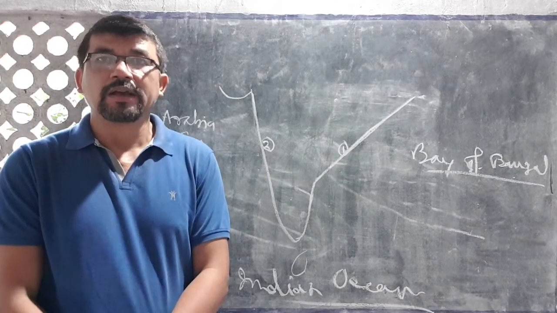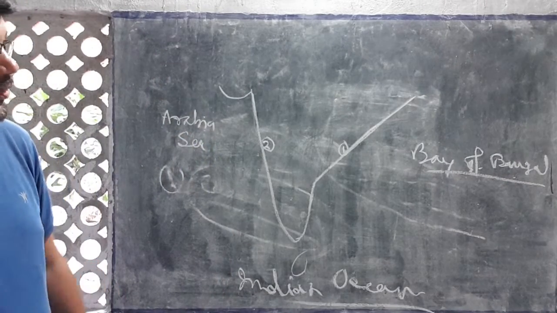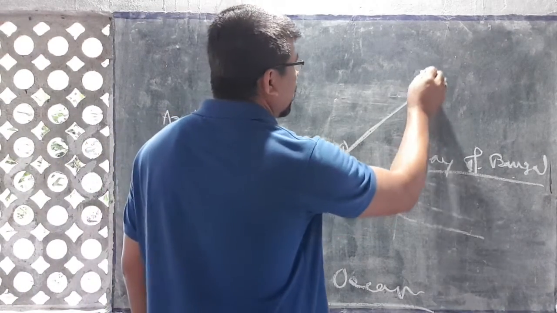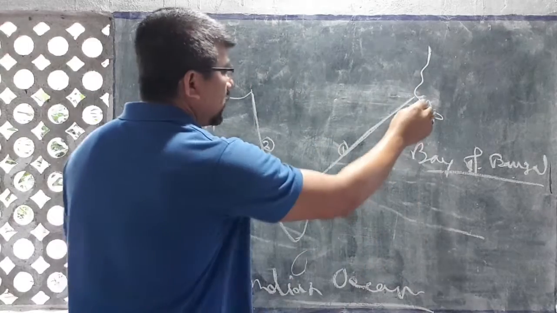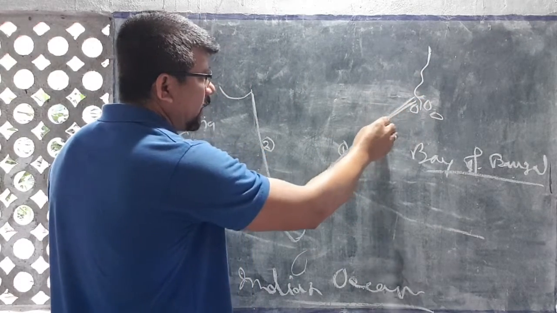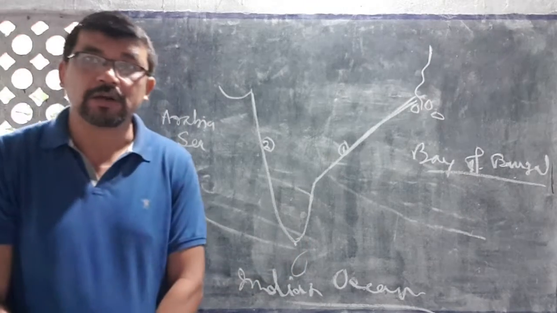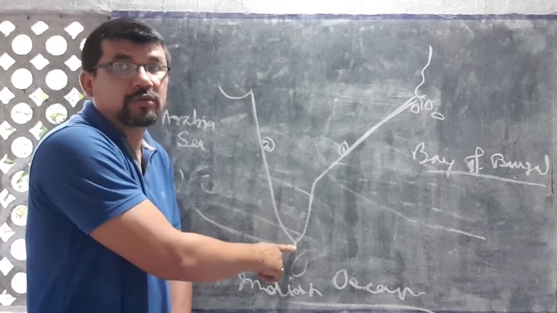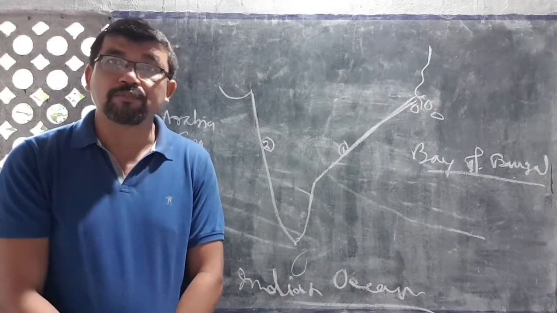Okay? Now, the eastern coastal region is found from the Ganga Delta. Here is the Ganga River and from the deltas here, from the Ganga Delta to Cape Comorin of Kanyakumari. This last point of the Indian Peninsula is known as Kanyakumari, or you can say Cape Comorin.